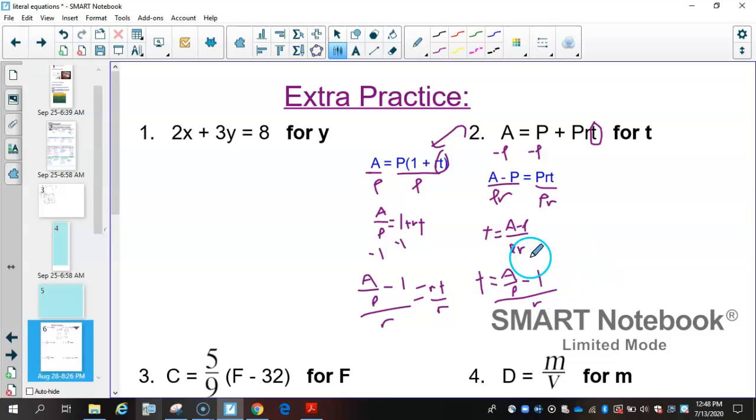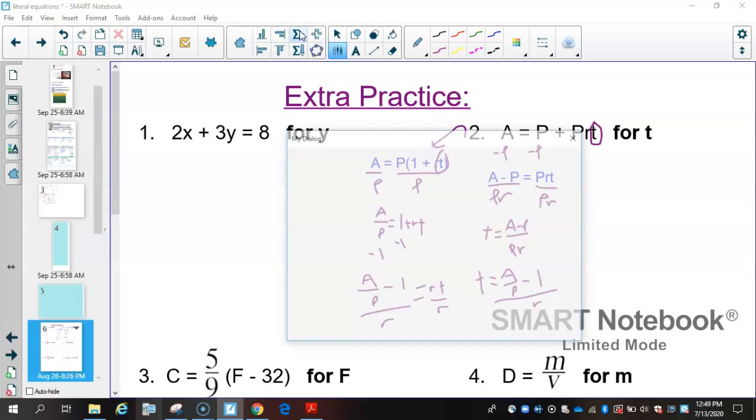Now, in simplest version, it would be this: a minus p all over p times r. This is supposed to be a p. But this is another way to write the answer as well.